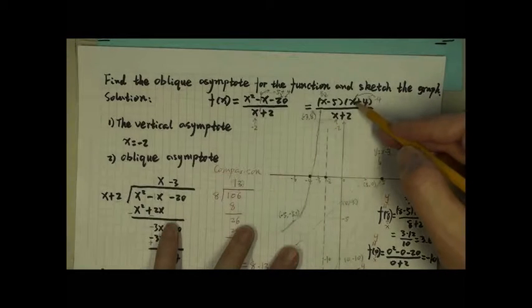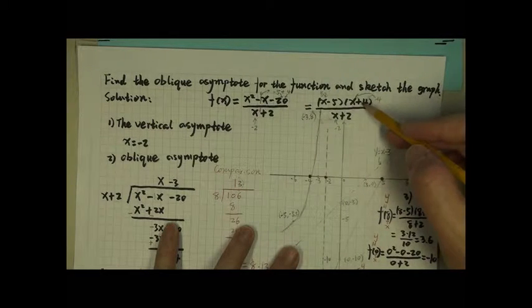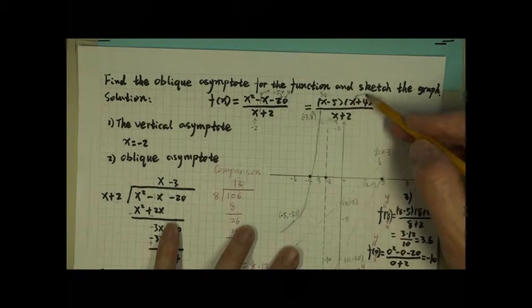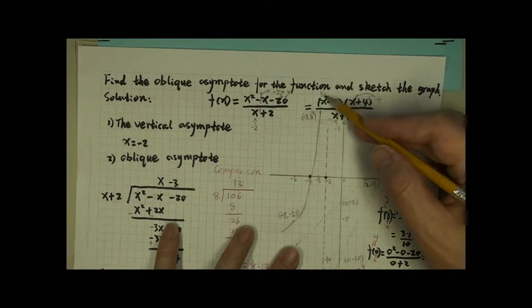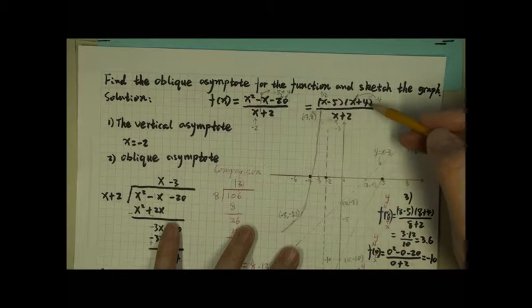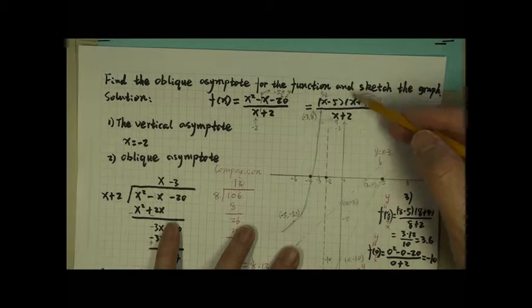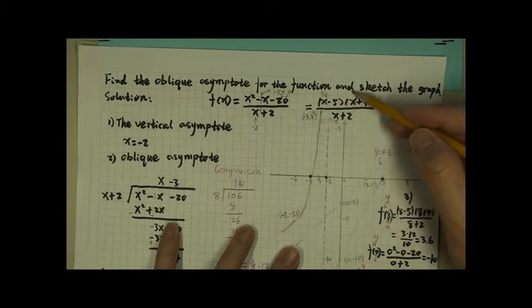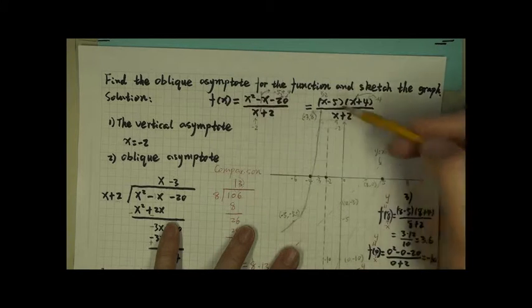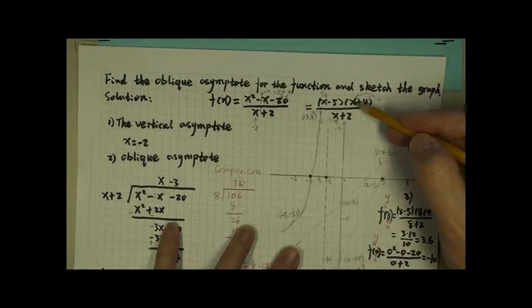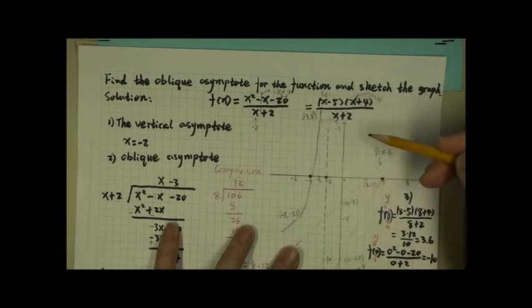Because when you plug in negative 4, the negative 4 and positive 4 cancel each other, and you get 0 for this quantity. 0 times any quantity is 0, so the numerator will be 0. If the numerator is 0, the whole quantity will be 0. So negative 4 is a 0 point, and so is 5.